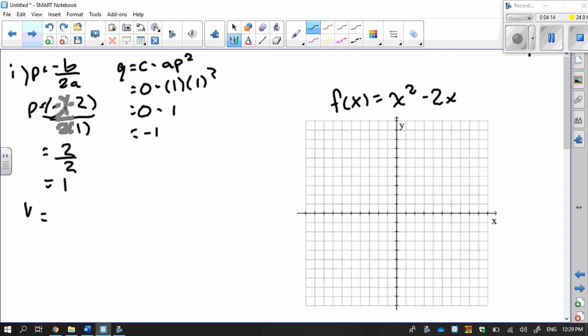Let's plot that right there. My second one that I'm looking for, am I looking for a min or a max? I have a min at y is equal to negative 1. My axis of symmetry, x is equal to 1. Label that.